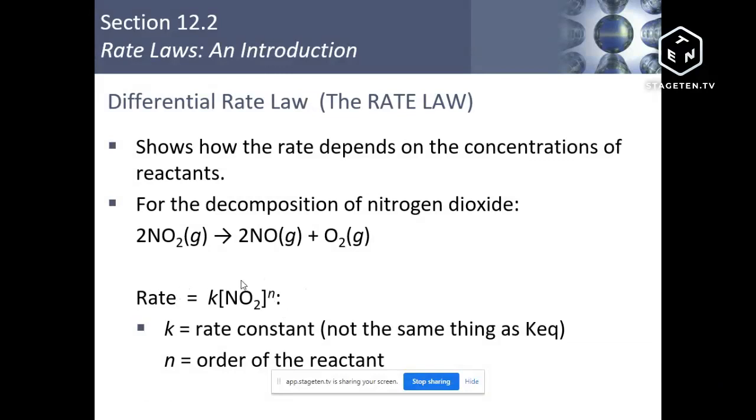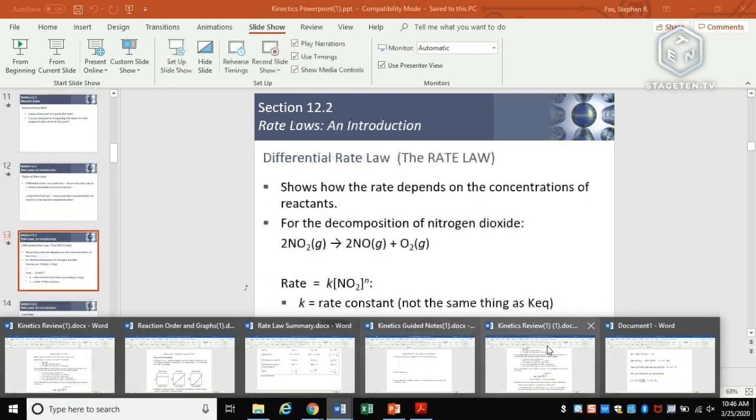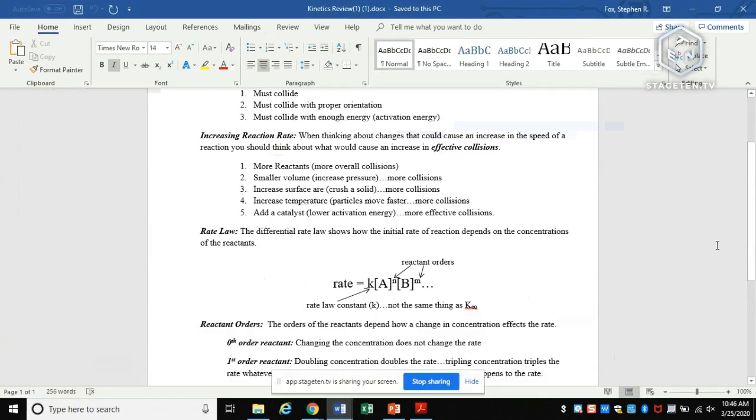So let me show you a little bit differently on your note handout. This is the construct right here of a differential rate law. So if I ask you to write the rate law, okay, all you do is say rate equals k and then times the concentration of each reactant. So in this case, we have reactant A, reactant B. If there was another reactant, then you would do the concentration of reactant C. Remember, brackets means concentration.